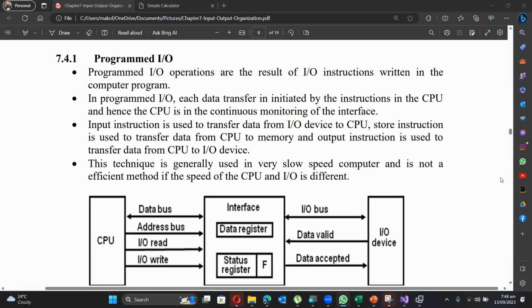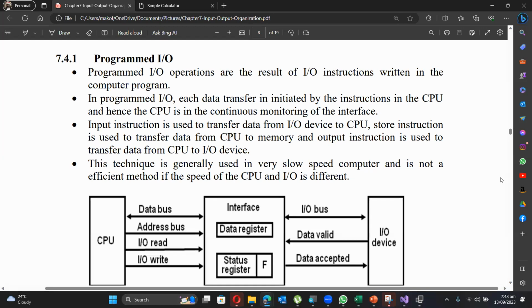So programmed IO operations are the result of the IO instructions written in the computer program. In programmed IO, each data transfer is initiated by the instructions in the CPU, and hence the CPU is in the continuous monitoring of the interface.